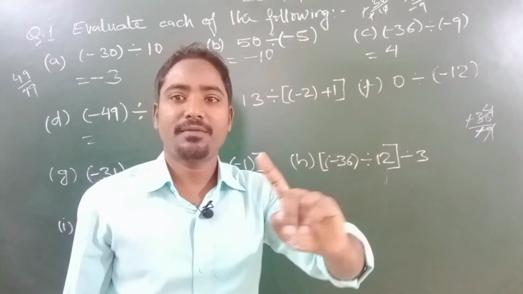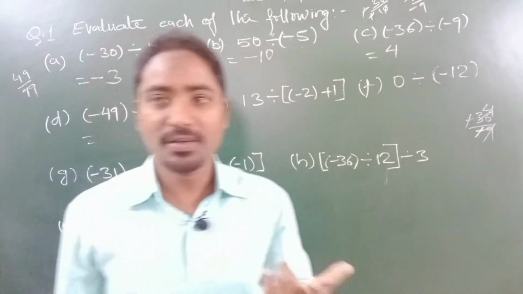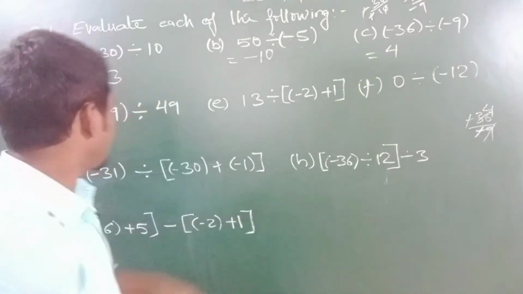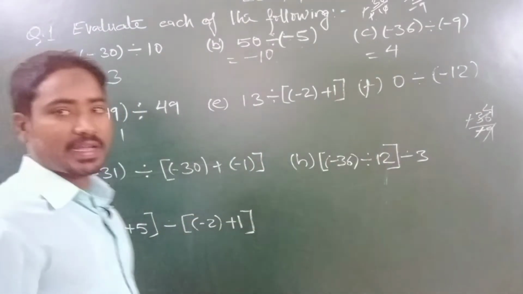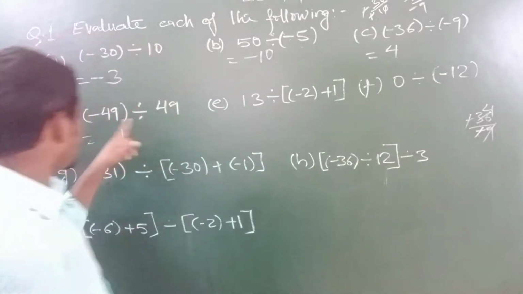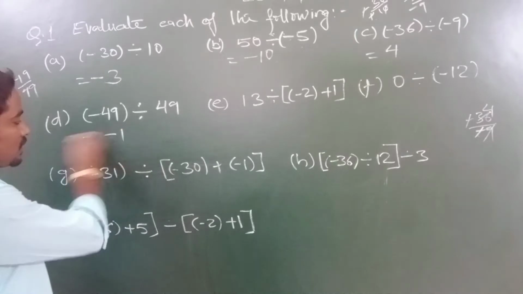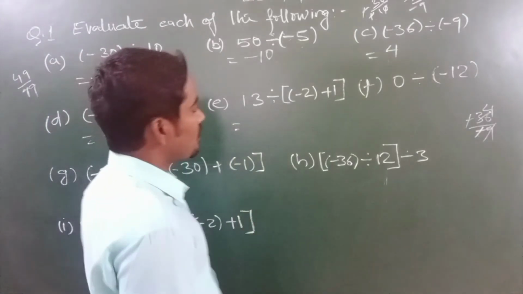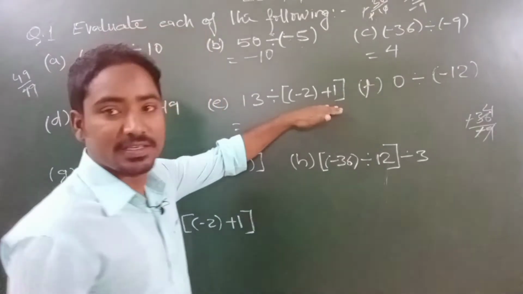Suppose 101 divided by 101, how much will we get? 1 only. So 49 divided by 49, we will get here 1. Now come to the sign, one negative and one positive is there, so the positive is at the numerator only, so the answer will be -1.